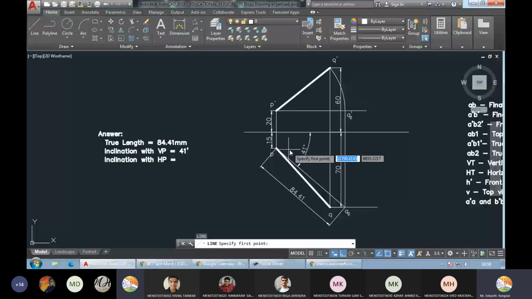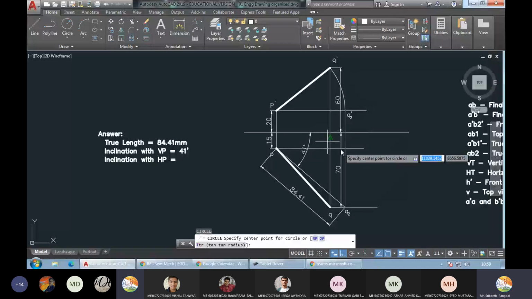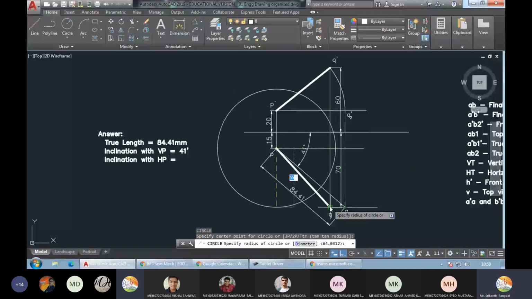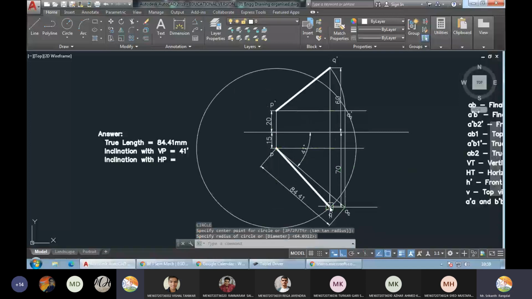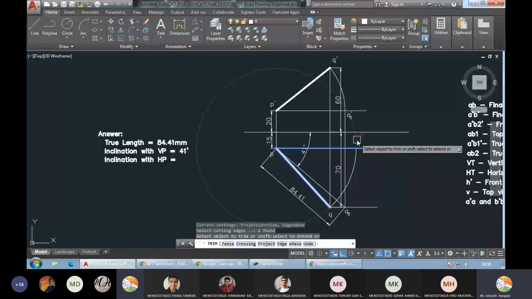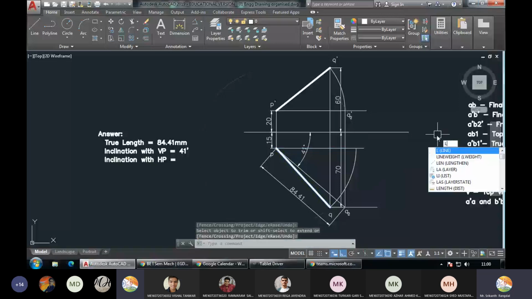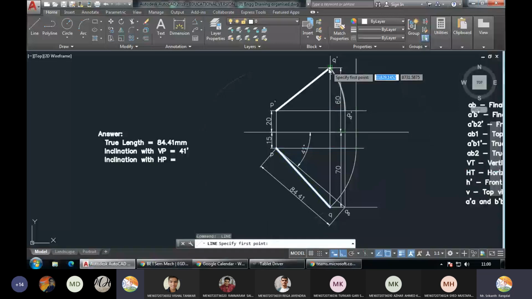Then I will take a circle from this point, passing through the top view end point. I need only this part of the circle. So select these two lines, TR, enter, select the part which you don't need. Then take line command. From here, take a vertical line, and from this point, take a horizontal line.